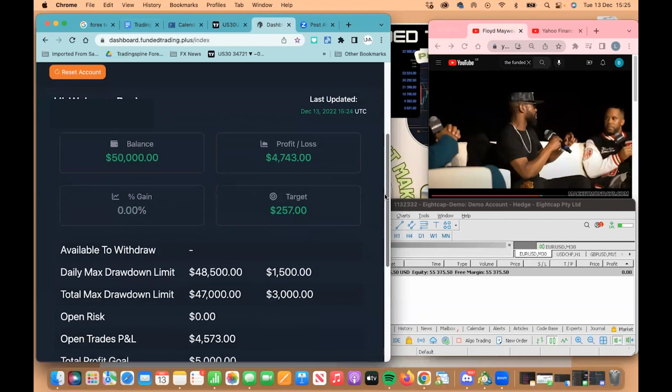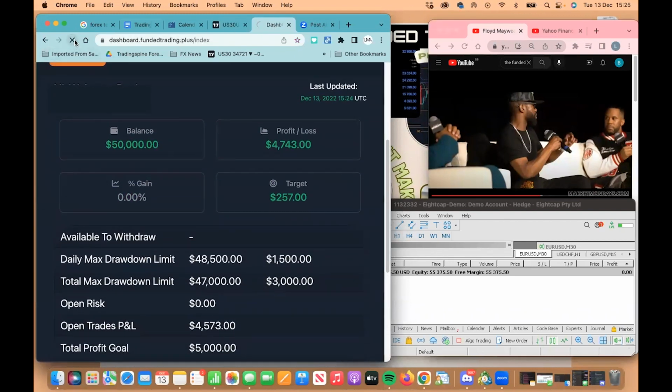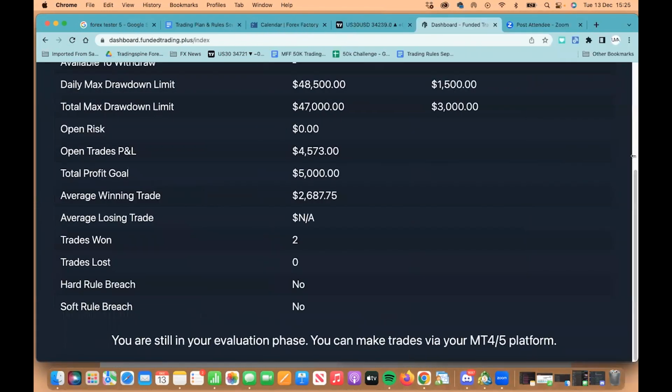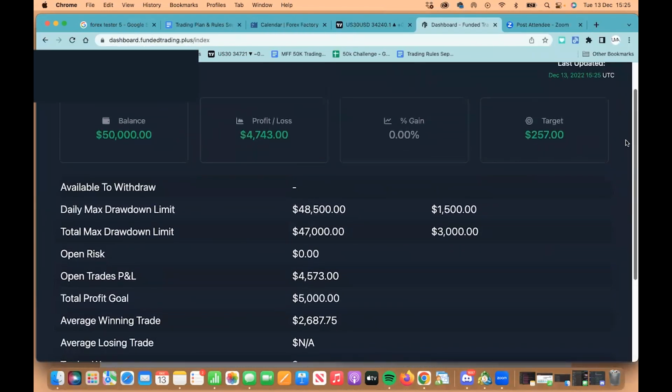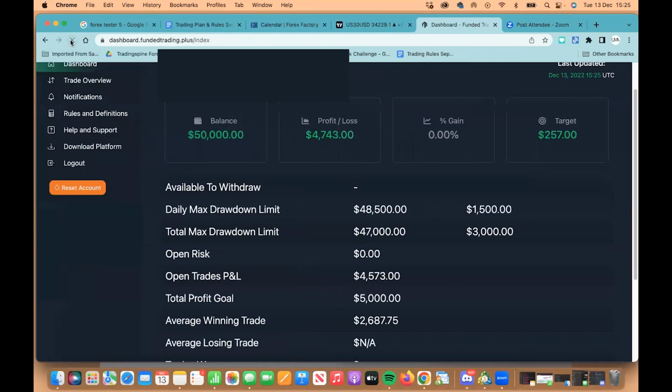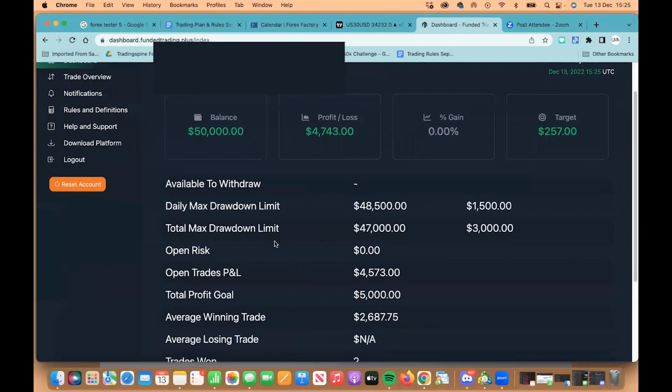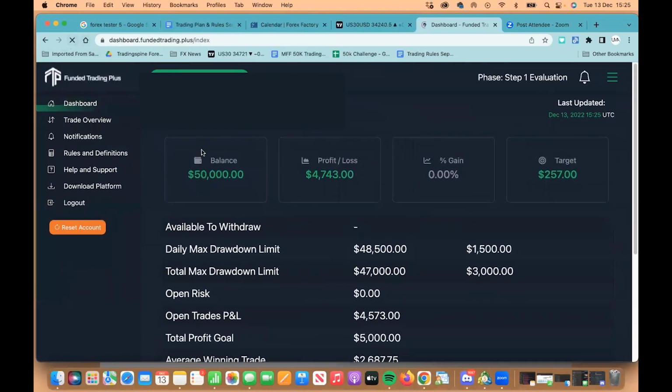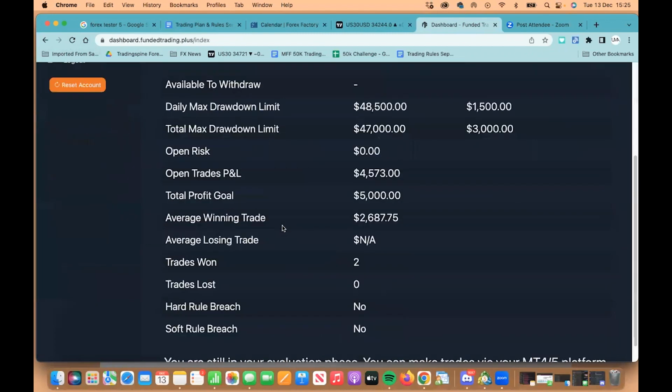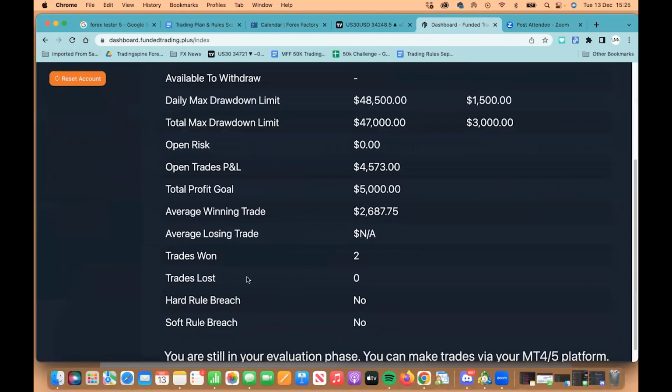Let me see my dashboard. Why is it not loaded? Is this me or is it not loaded? I did get that, right? I did get that, so 2 wins, no losses.